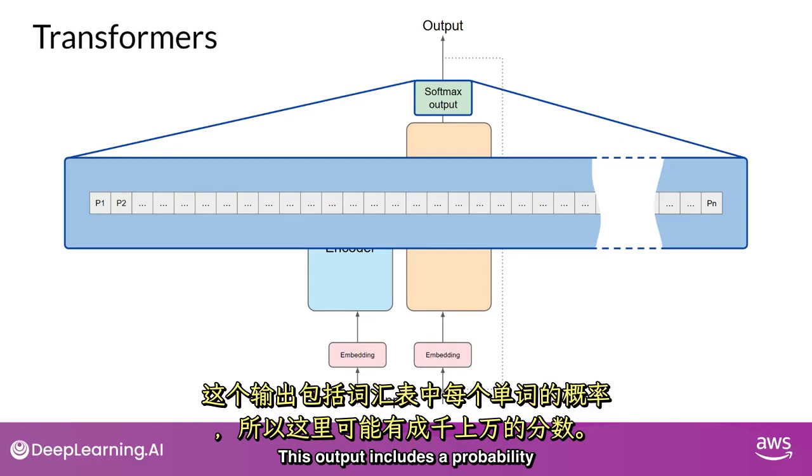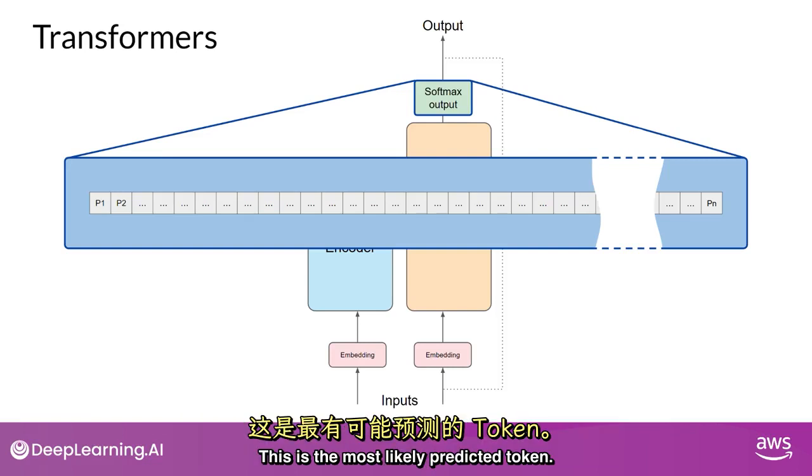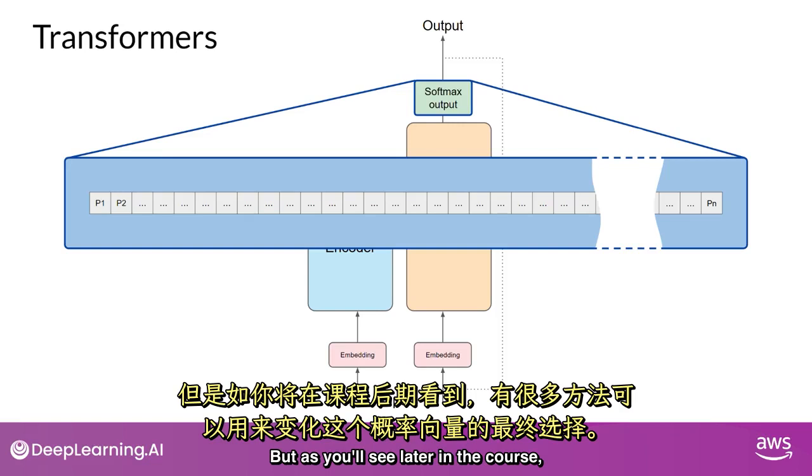This output includes a probability for every single word in the vocabulary, so there is likely to be thousands of scores here. One single token will have a score higher than the rest. This is the most likely predicted token, but as you'll see later in the course, there are a number of methods that you can use to vary the final selection from this vector of probabilities.